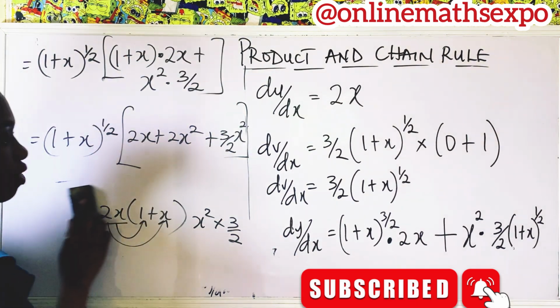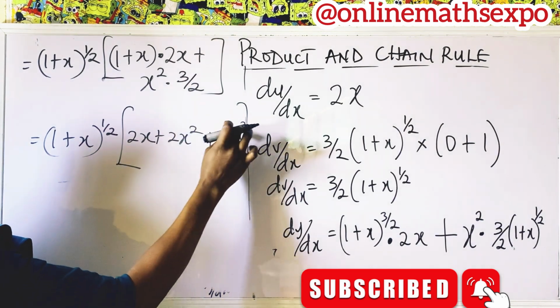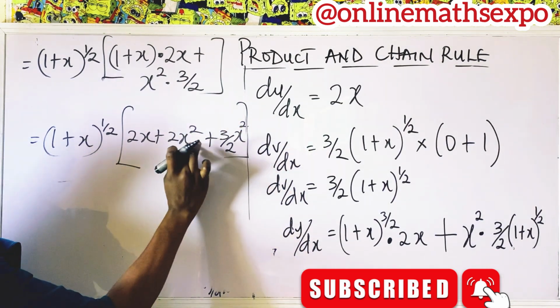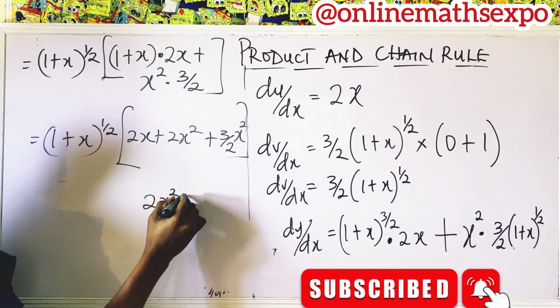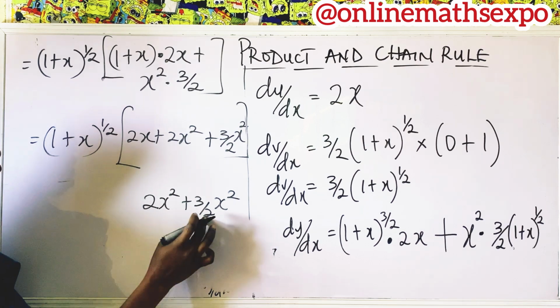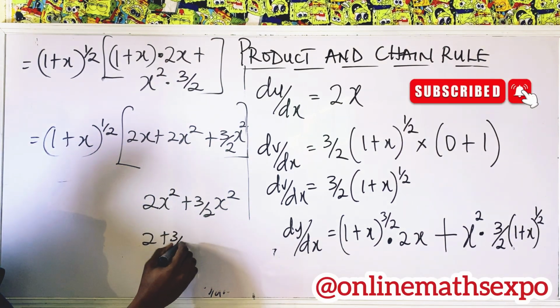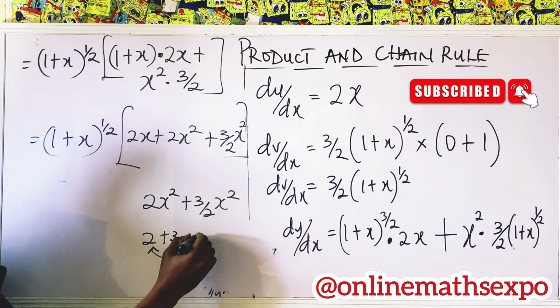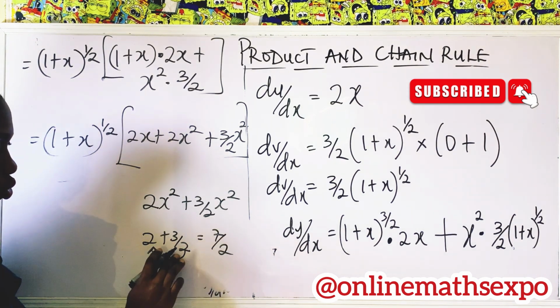And if you simplify finally, you can add these two because their powers are the same and they have the same letters. So it means you can add 2x squared plus 3 over 2 x squared. If you add 2 plus 3 over 2, use this to multiply, you have 4 plus 3, which gives us 7 over 2.